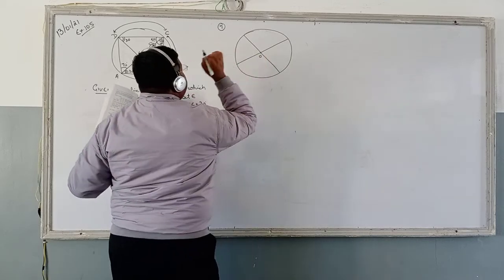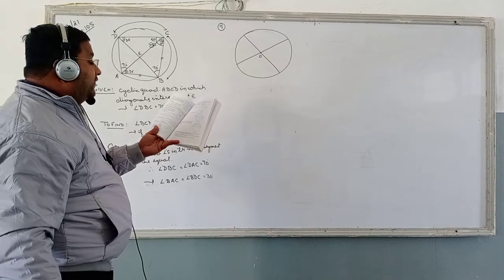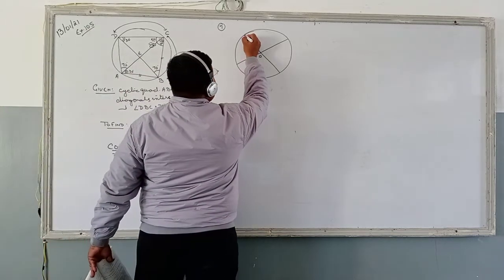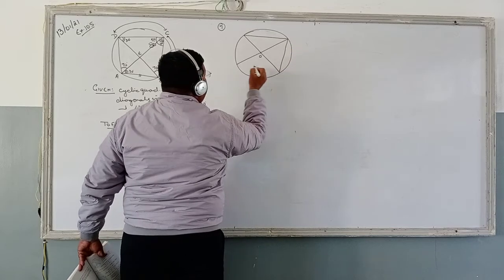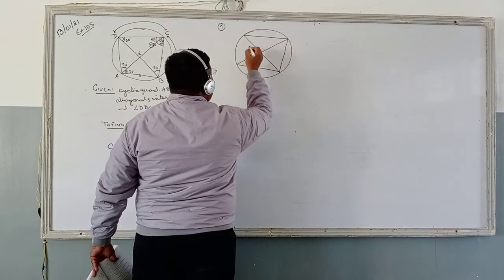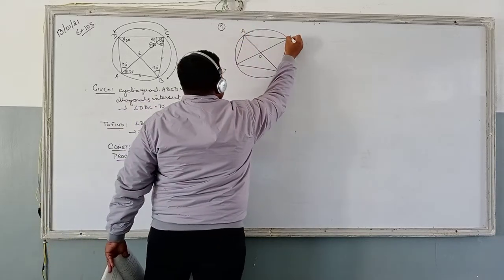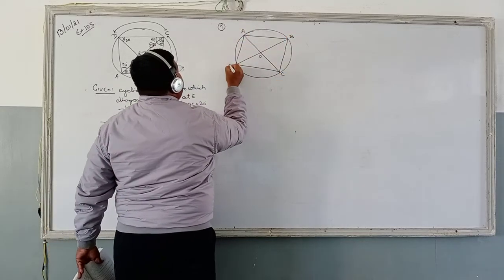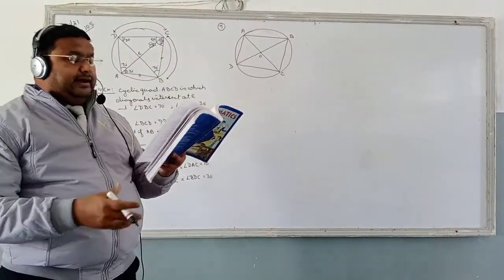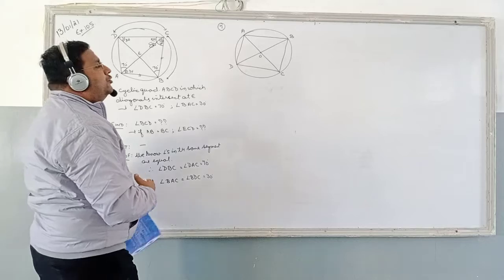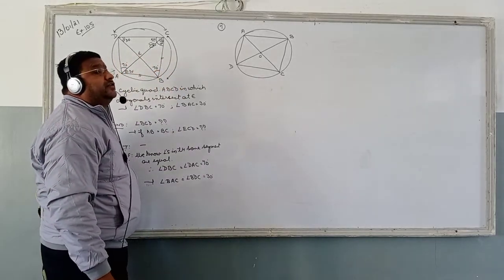This is the vertex O. If the diagonals of a cyclic quadrilateral, so that means if I join it, it is a cyclic quadrilateral ABCD. We need to prove that they are the vertices of a rectangle.